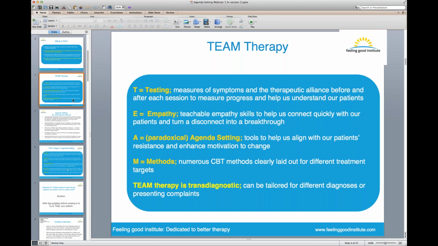This is what many people think of when they think of CBT, the many very effective cognitive, behavioral, interpersonal methods that are clearly laid out for different kinds of treatment targets. If it's not obvious, TEAM therapy is transdiagnostic, meaning it's not a manual for a particular disorder, but a framework for conducting therapy that involves each of these active ingredients, which we can tailor to the particular diagnosis or presenting complaint of the patient.